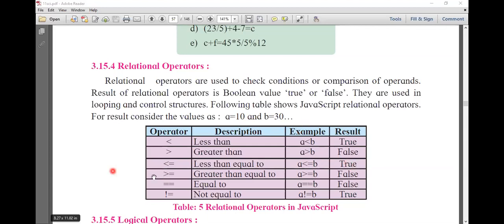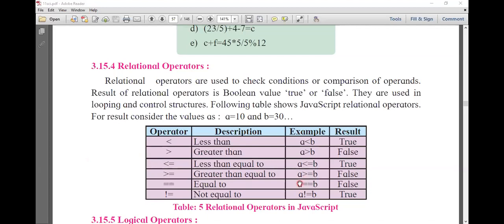Similarly here, this operator is greater than or equal to. Now, A greater than or equal to B means, substituting A as 10 and B as 30, 10 greater than or equal to 30.